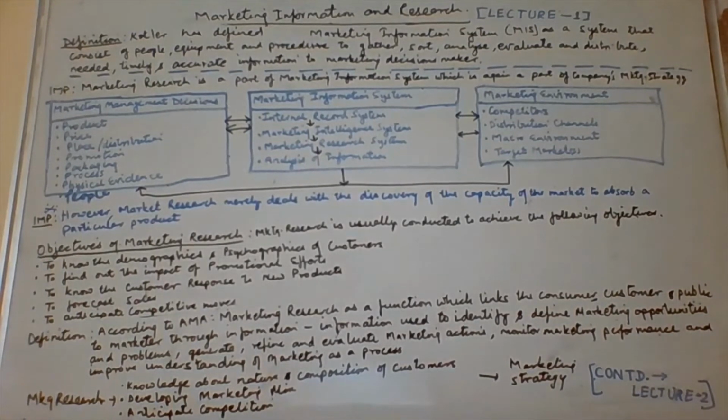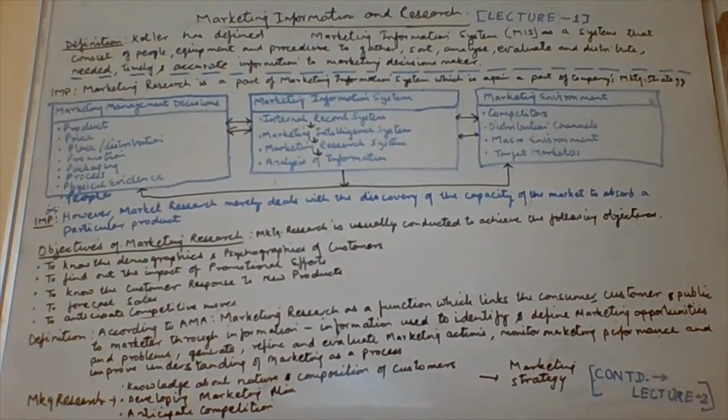But when the new product is launched, we see whether people accept it or not, or whether there are any shortcomings, so that the product can be improved upon by looking at the responses of the customers.